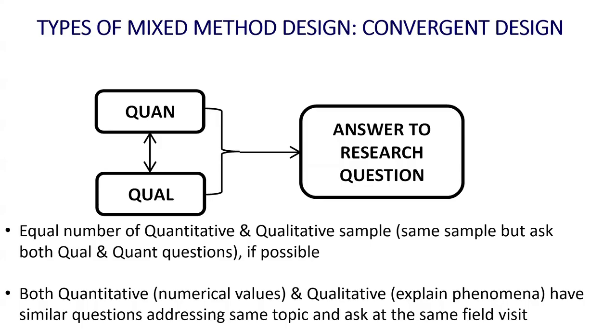However, in reality, that many people will not give you qualitative answers. That many people will not be ready for interview and focus group as many as you did quantitative. So theoretically the number of samples should be the same for qual and quant. However, in practicality, that is not possible. So you should be able to answer what sample size in convergent. If possible, equal sample size. However, it's not possible every time.